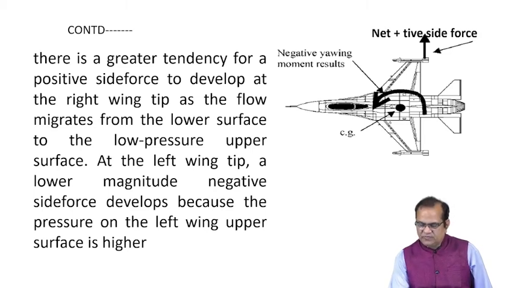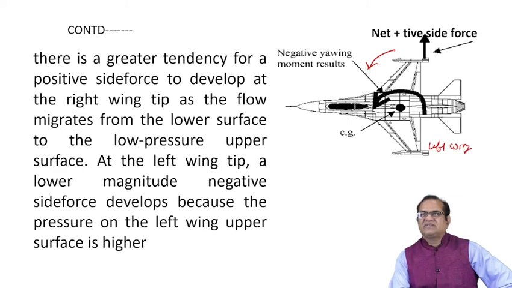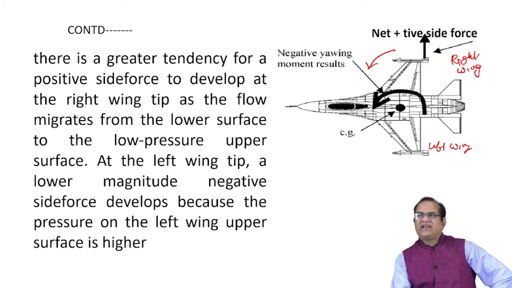So here if you see a net positive side force in this direction, and this will make the aircraft turn like this, as shown in this aircraft. And this force here will be less in the left wing. This is the left wing and this is the right wing. So like this will try to move the aircraft in this direction.